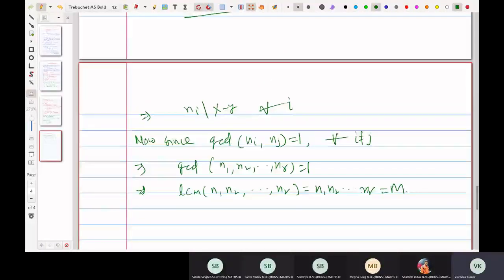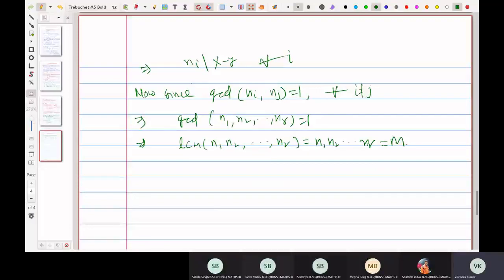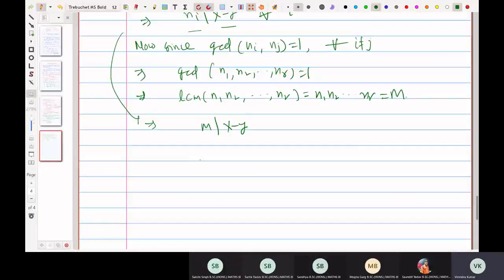Okay. And because each Ni divides X minus Y, this implies that this product capital M should also divide X minus Y. Fine.